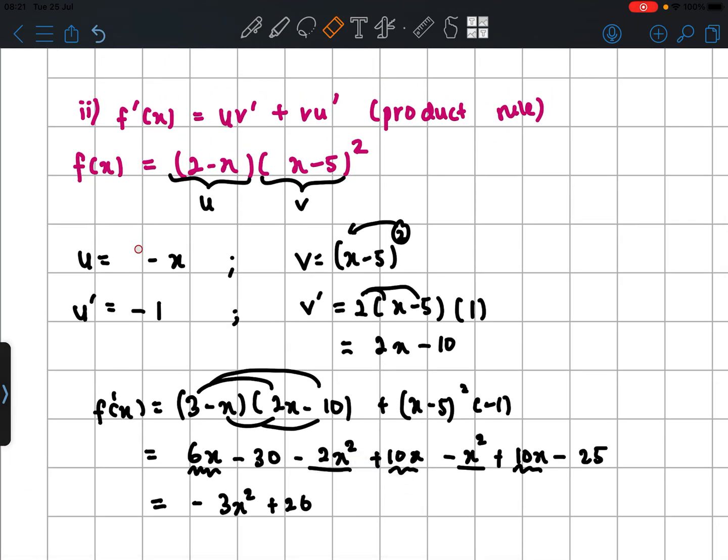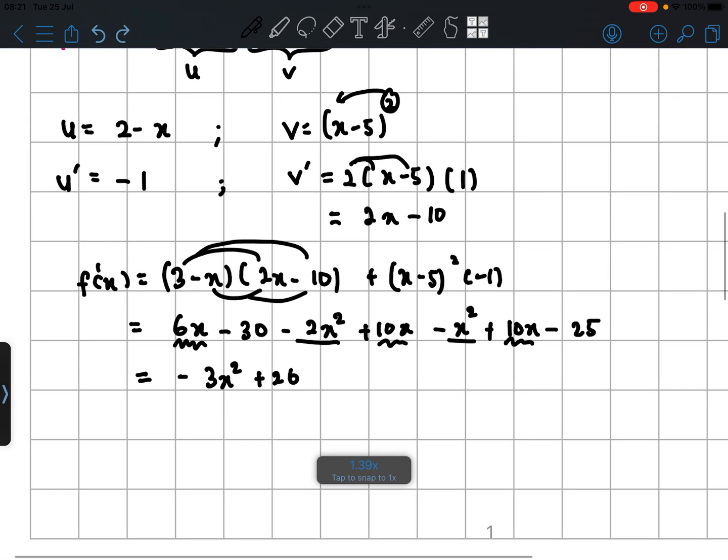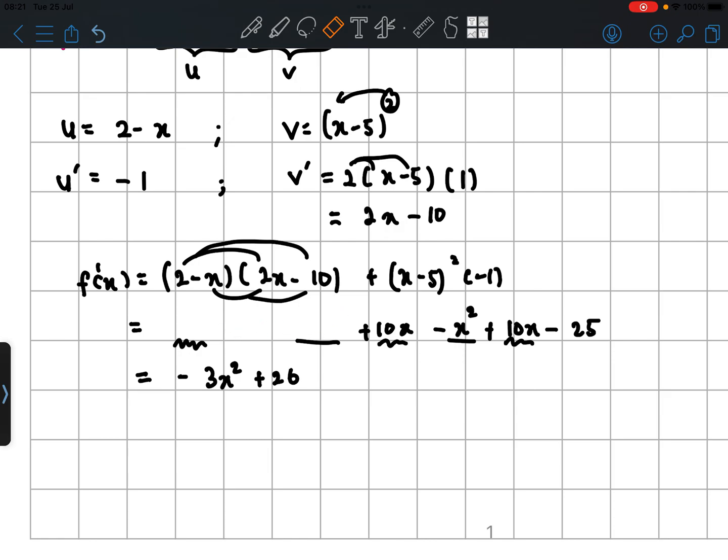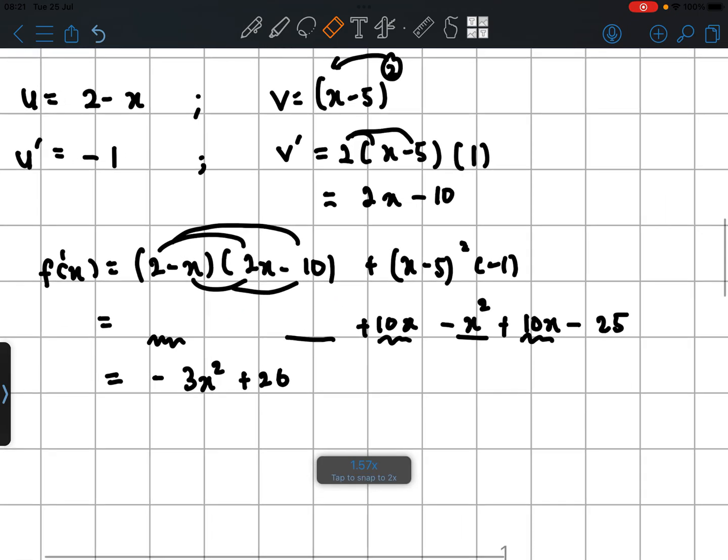So this is supposed not to be 3, it should be 2, because this is our u, 2 minus x, right? So this is 2. Okay, so that's a mistake.